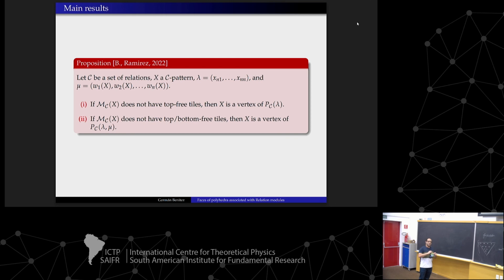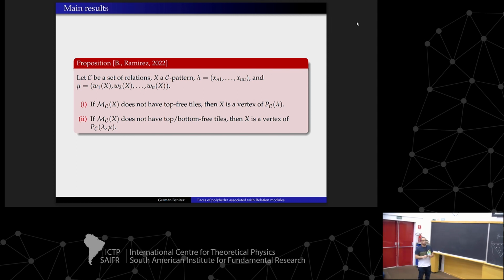If all tiles intersect the top, in this case, this C pattern is a vertex in this polyhedron. Now, in P_C lambda mu, if the tiling does not have a top-bottom free tile, that means all tiles intersect the top and the bottom, this C pattern is a vertex in this polyhedron.